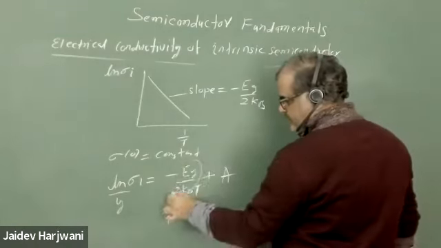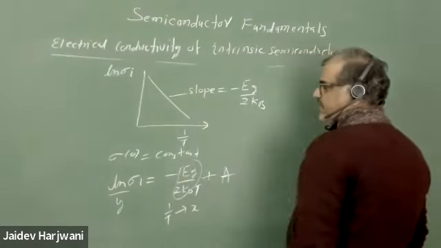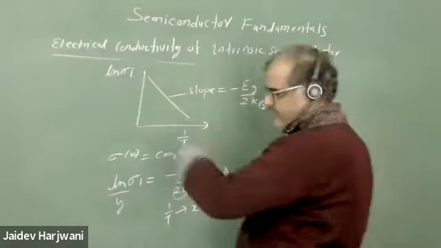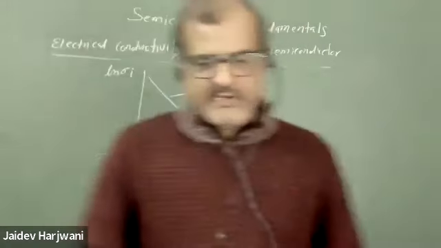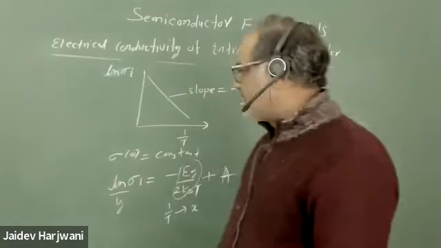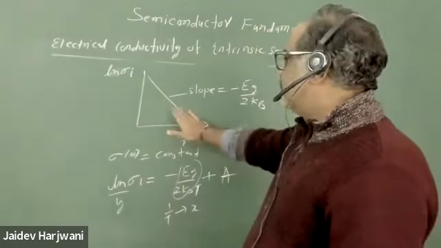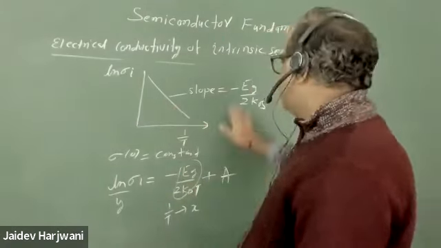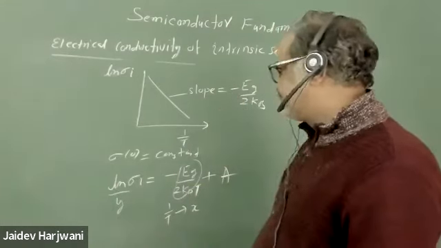This is my 1 by T scale. If I measure conductivity at different temperatures, plot it as a function of 1 by T, and calculate the slope of this graph, I can measure the band gap of the semiconductor.